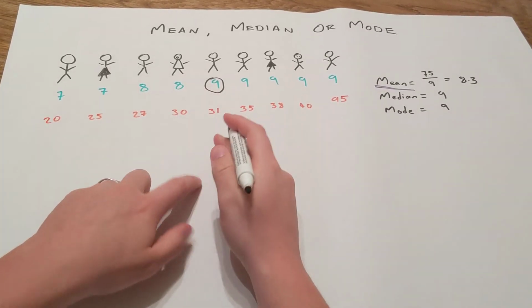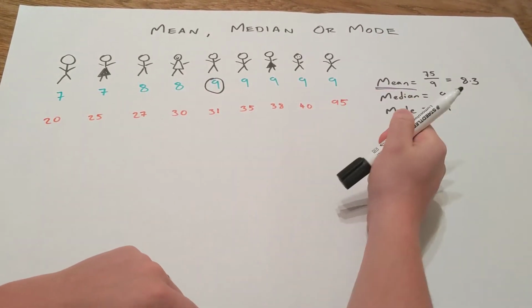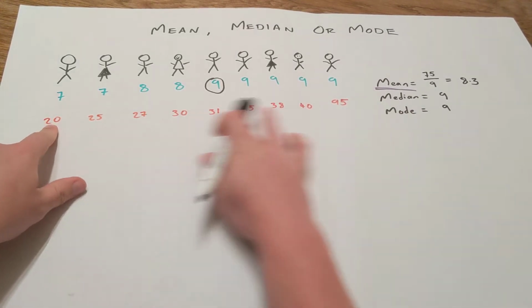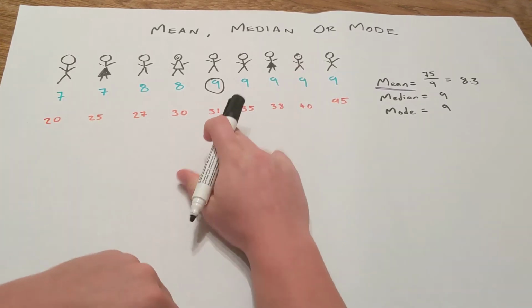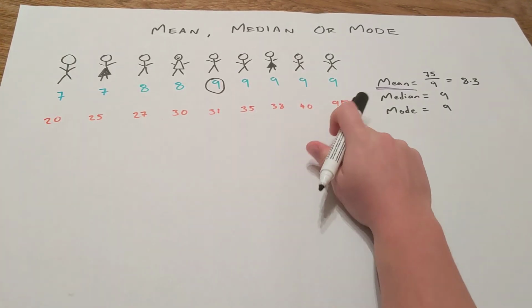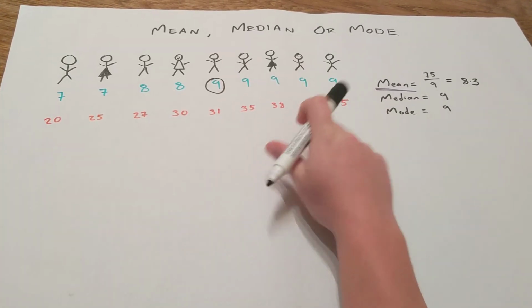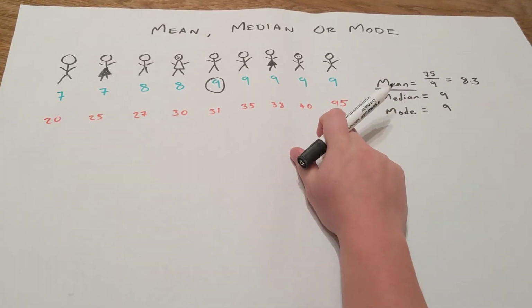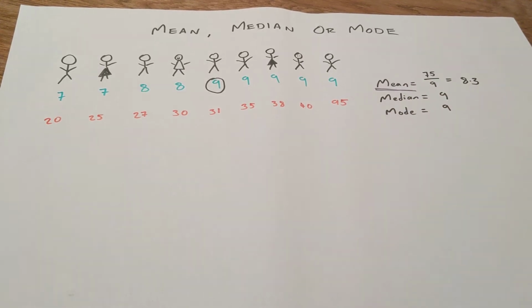Straight away you'll see that there's one person at the end who spends way longer on their homework than everyone else. 20 minutes to 40 minutes, that's not that big a spread really. Someone spending more than an hour and a half on their homework is a very big difference, and that's going to have an effect when we calculate these.